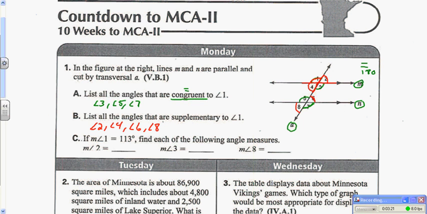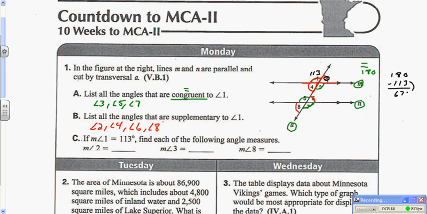If we know that angle 1 is 113, now we can look at actual numbers. Angle 2 is again the smaller of the two angles, so 180 minus what we know, 113, would give us 67 degrees.